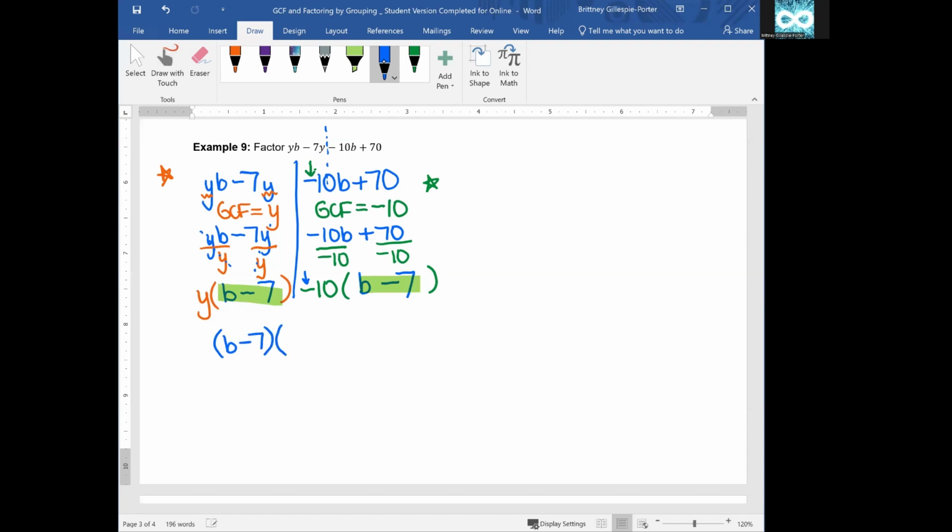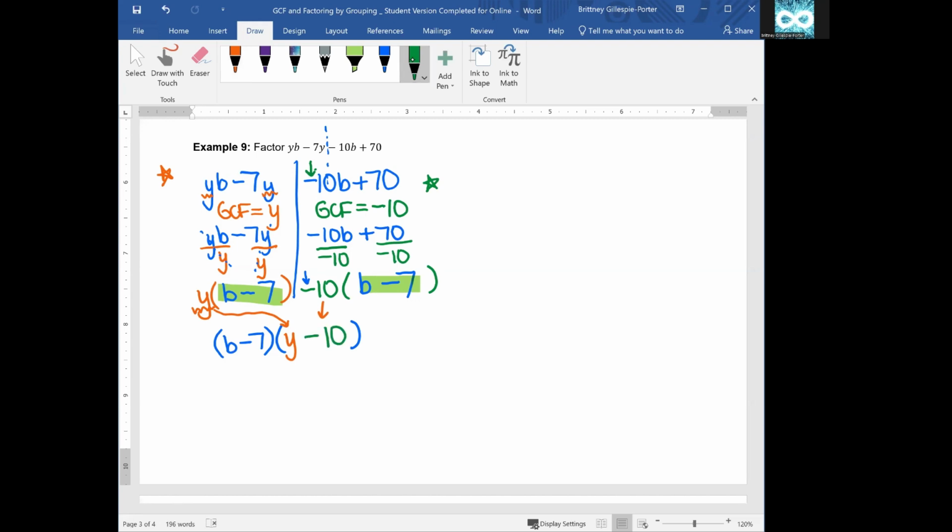Since we're factoring out, open up the second parenthesis. We got to see what's left of their families after we take them out of the equation. So the b minus 7 came out front, which means the y is stuck inside the second parenthesis. And then we have the minus 10.